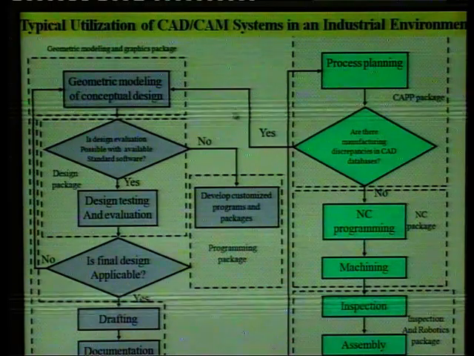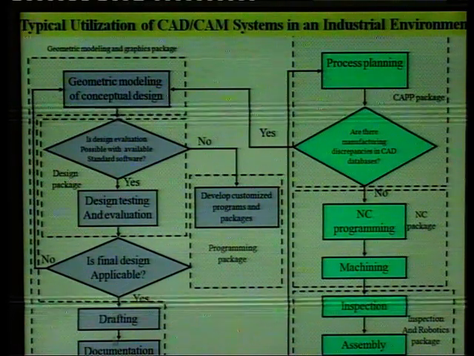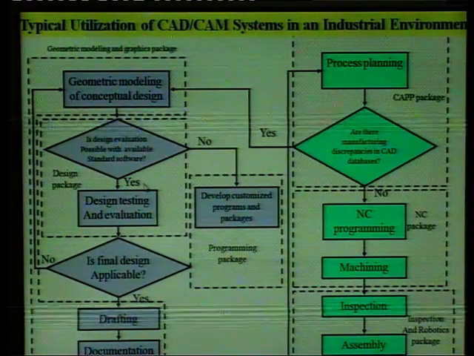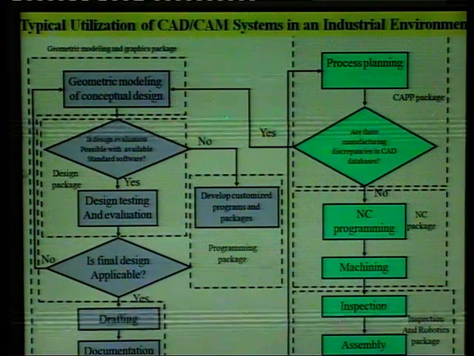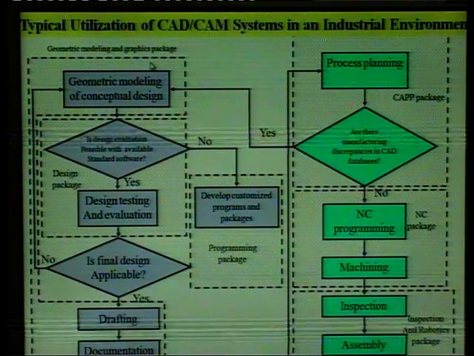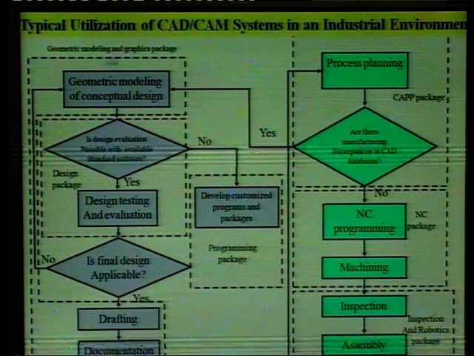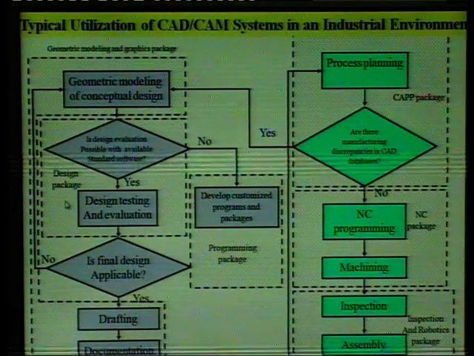After the completion of all the CAD processes, we move on to the CAM processes, and we can notice here that we require geometrical modeling and graphics package, and the design package is part of the geometrical model and the graphics package.